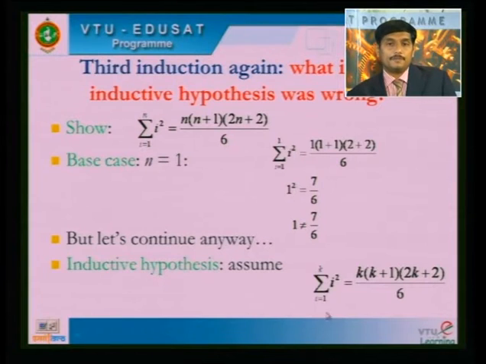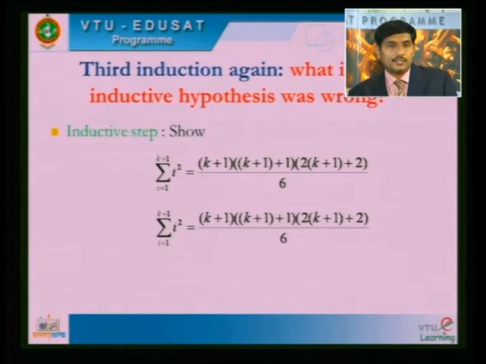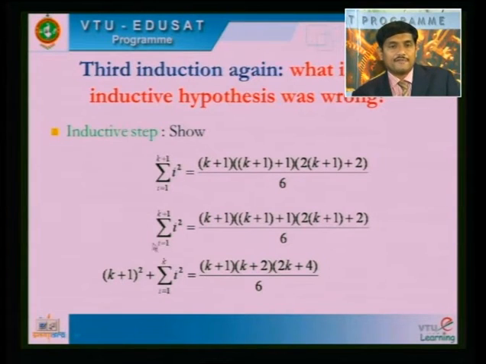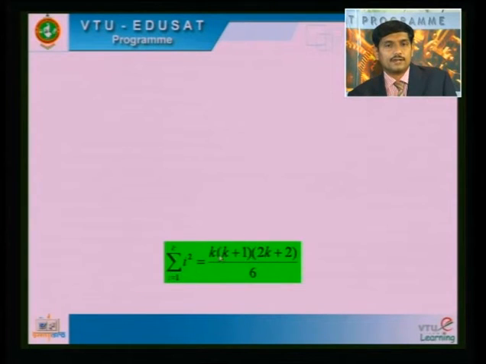The induction hypothesis: we take that this is true. In the inductive step we show the summation of i squared, i running from 1 to k plus 1, replacing k with k plus 1 in the right hand side also. In the left hand side, the previous term, the summation of i squared from 1 to k, plus k plus 1 the whole square. Then the simplification part is this one. We have taken the summation of i squared equal to k into k plus 1 into 2k plus 2 by 6.